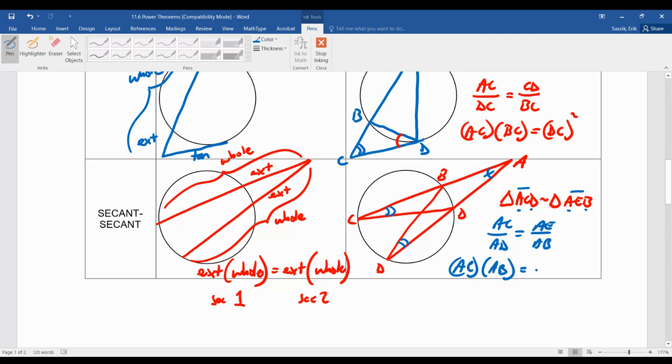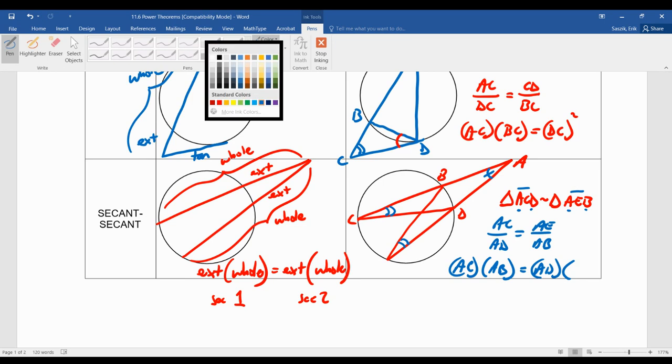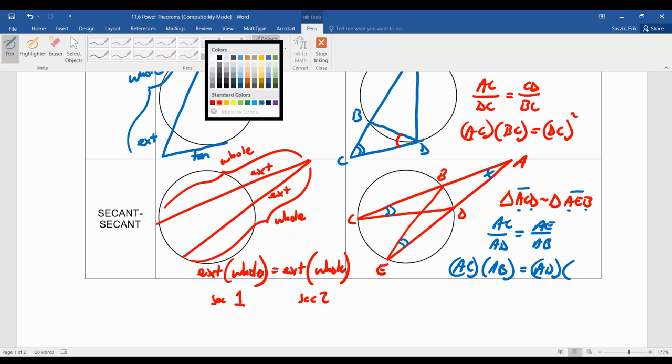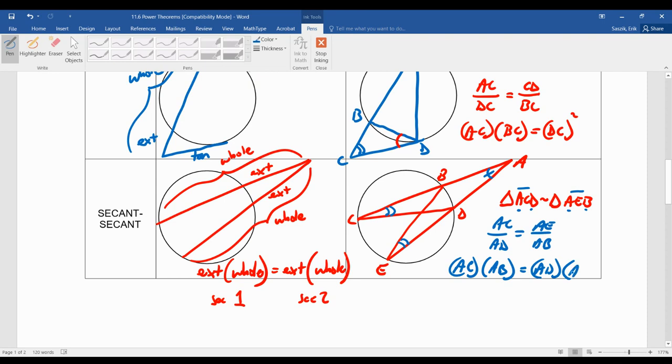I always say external times a whole. Equals AD times, I accidentally have, sorry about that. That should be an E down there. There we go.